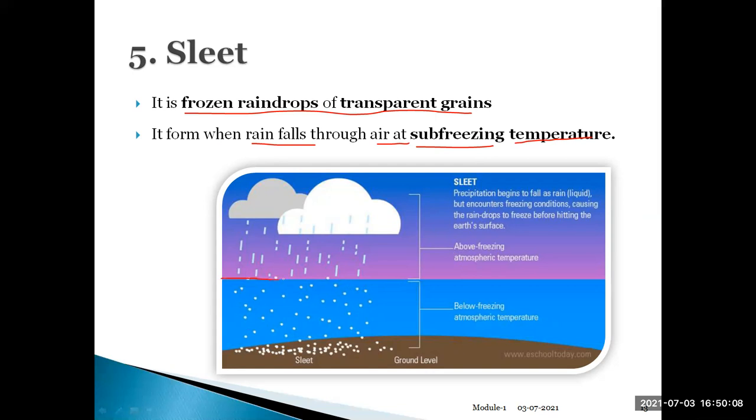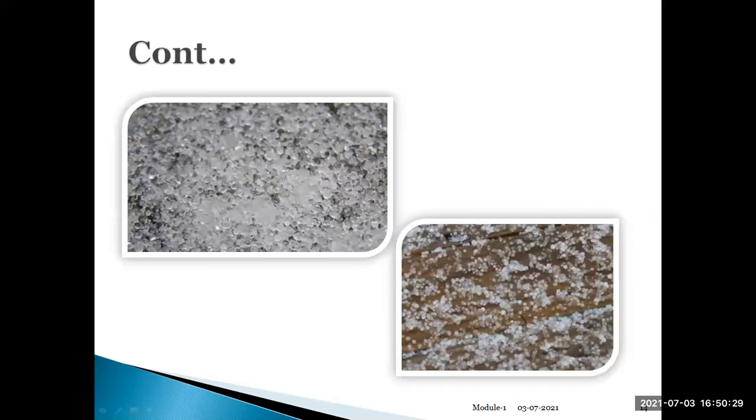Here, this is above freezing point and this is below freezing point. When this rain reaches the sub-freezing temperature, it will form frozen raindrops. You can see here the frozen raindrops. That is sleet. You can see how sleet looks.